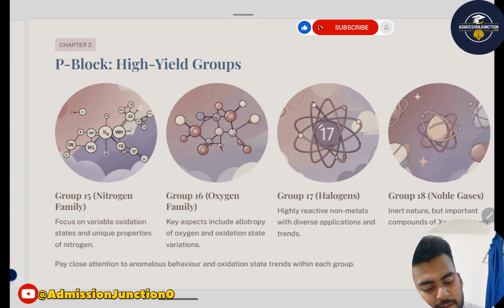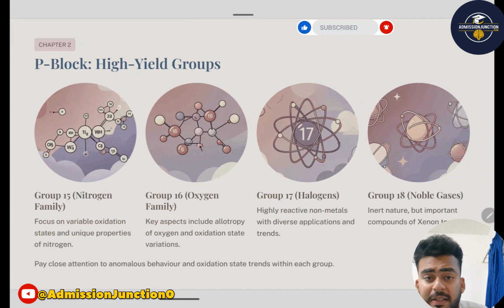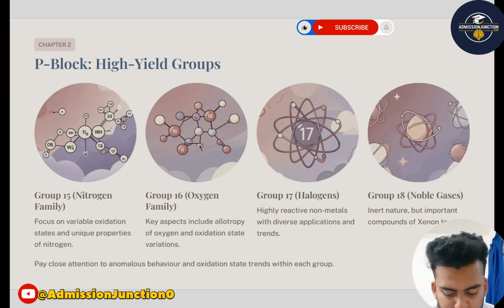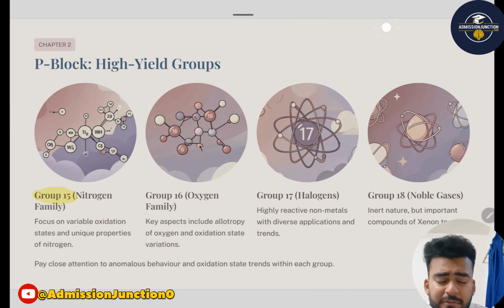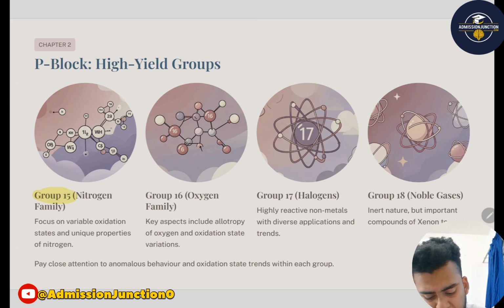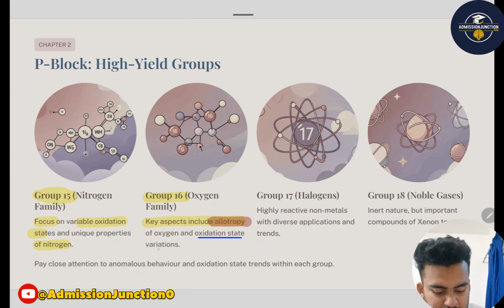All right. Next, coming to the P block, that is high yield, questions come from this only. The group 15, that is nitrogen family, is very, very important. It focuses on variable oxidation states and unique properties of nitrogen. Then group 16, that is oxygen family, key aspects including the allotropy, right? This is a very important concept, allotropy of oxygen and oxidation state variations.